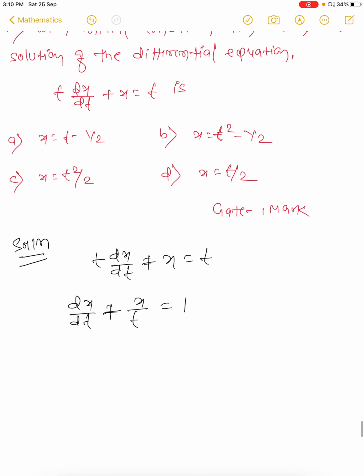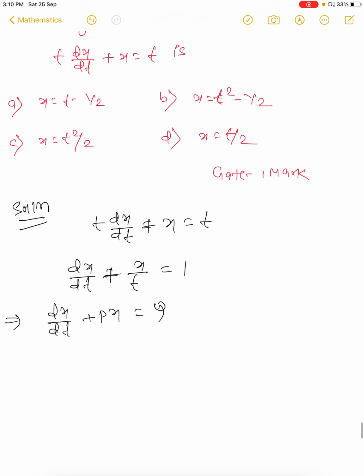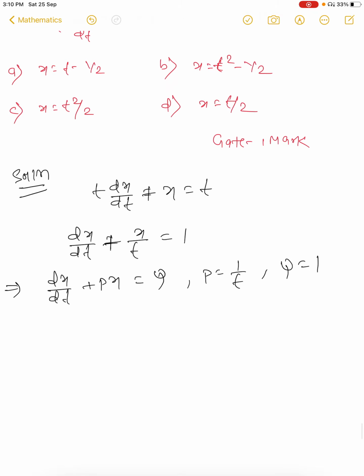Here dx/dt plus Px is equal to Q, so P is equal to 1/t and Q is equal to 1. So the integrating factor is e^(∫P dt), which is e^(ln t), that is t.